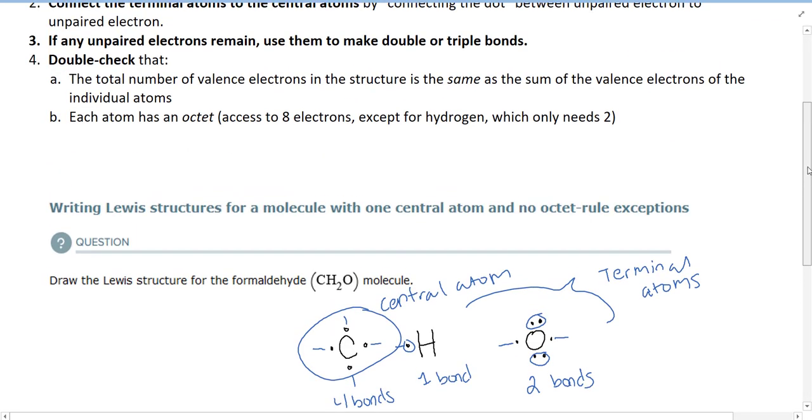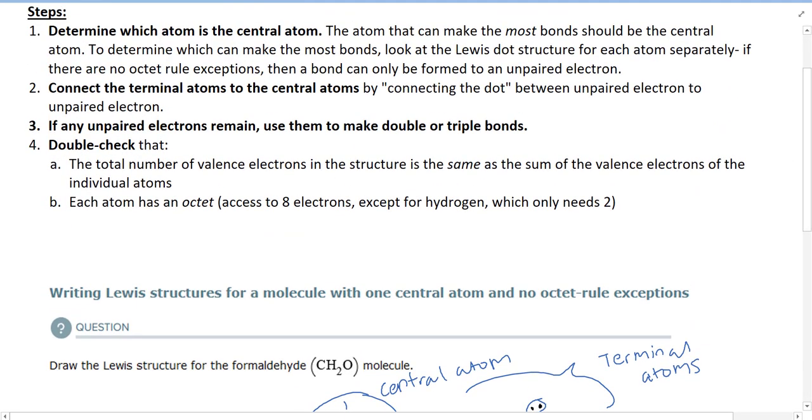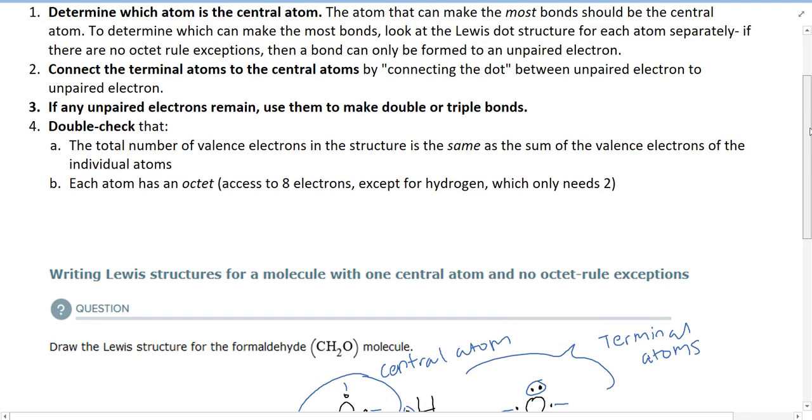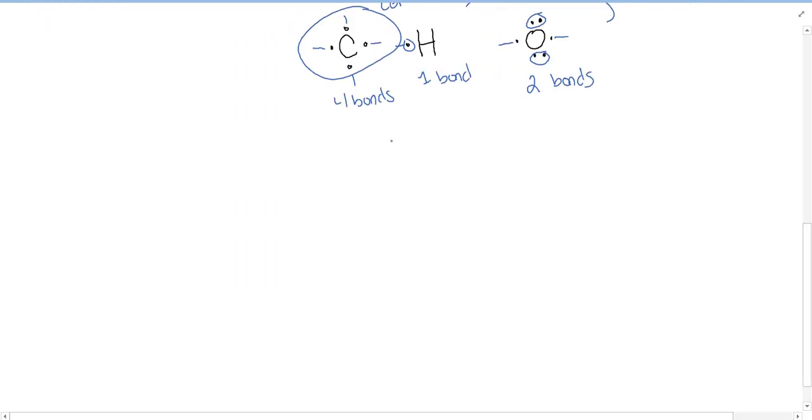So now that we've identified which one is the central atom, the next step is we're going to connect those terminal atoms to the central atom by connecting the dot, meaning connect the unpaired electron to unpaired electron. So I'm going to draw carbon in the center.